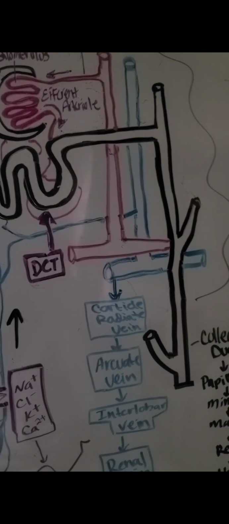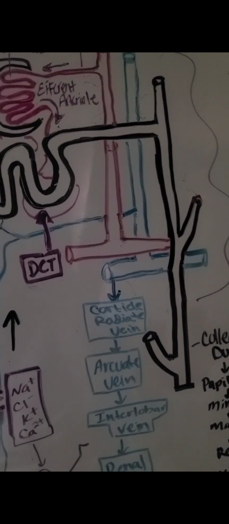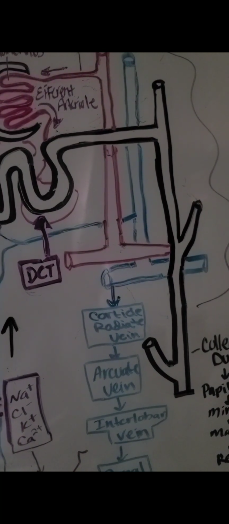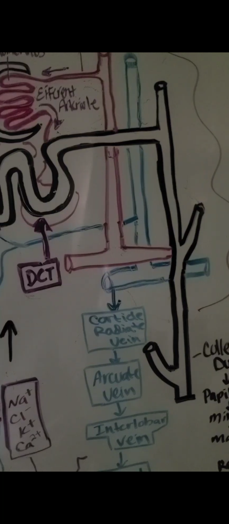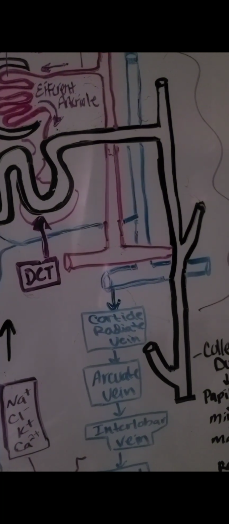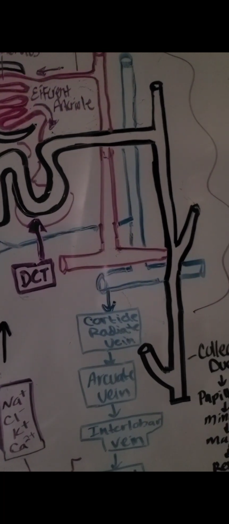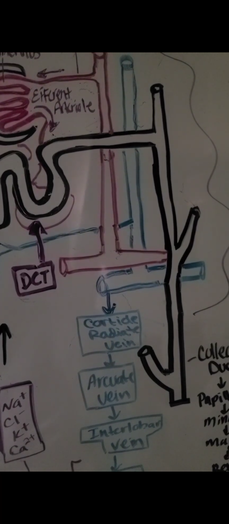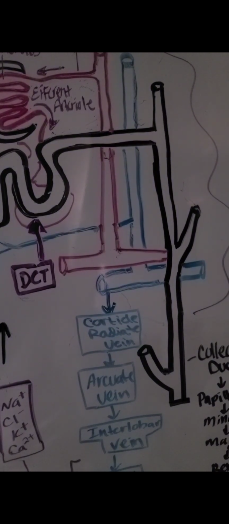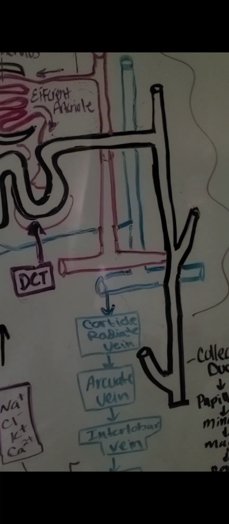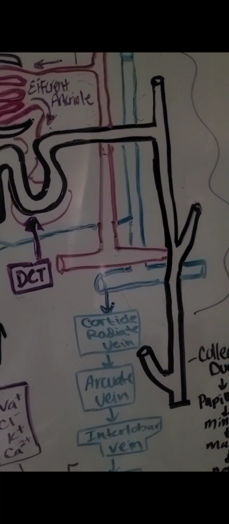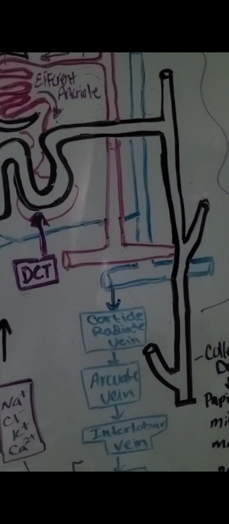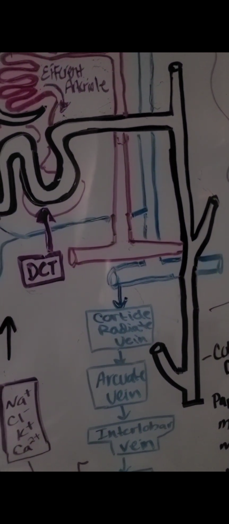Last thing I forgot to mention in regards to ANP, or atrial natriuretic peptide. Atrial natriuretic peptide is a hormone that is released by the heart in the event of high blood pressure. So what happens is that ANP will trigger the kidneys to secrete more salt, and water follows salt, so in that sense it'll also be excreting more urine.